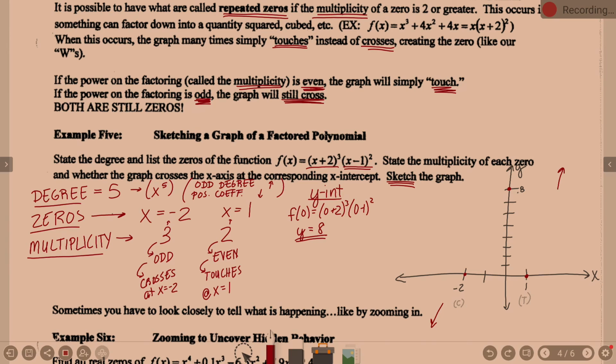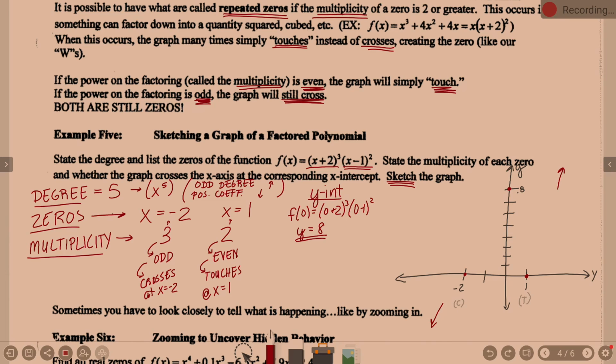Okay, so can you see what's happening here? We're starting low. And as we start down here, what's the first thing we're going to do? Cross. Now, what was my multiplicity there? Multiplicity is, on this one, a 3. The bigger your multiplicity is, the more your graph flattens out at that point. So typically when we say cross, we just think cross right through, yes?